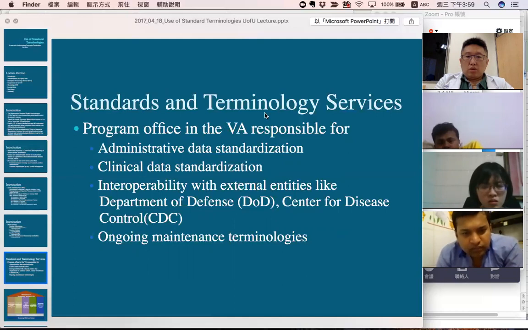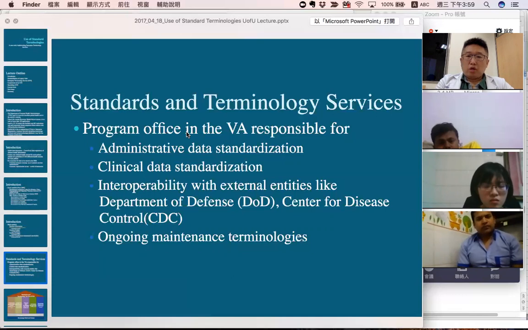So the terminology service, I think that is the heart of the VA system. In the VA, they provide a program office for maintaining the terminology service, not like the usual IT office.